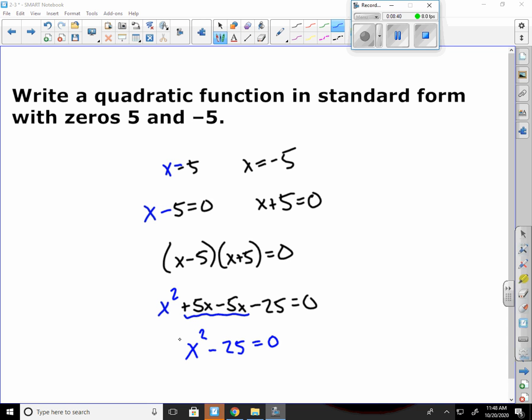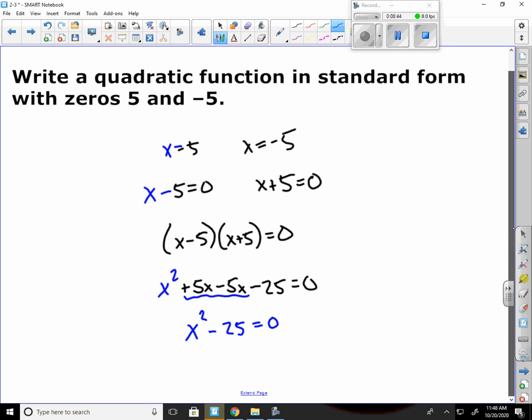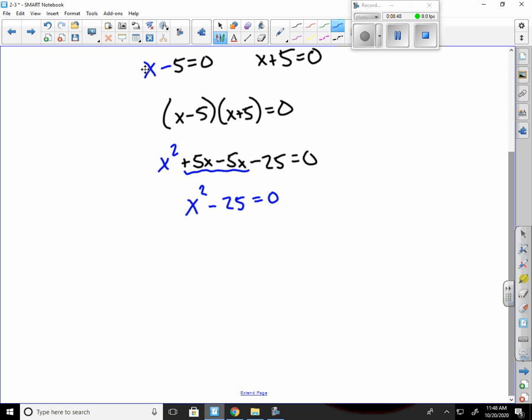And I'm just left with x squared minus 25 equals 0. I can realize that this is a difference of two squares. So I know that this is correct. See, those are the same things, but one's a plus and one's a minus. So in the end, I should always end up with that if I'm working backwards. If it's a difference of two squares, I should have no middle term.